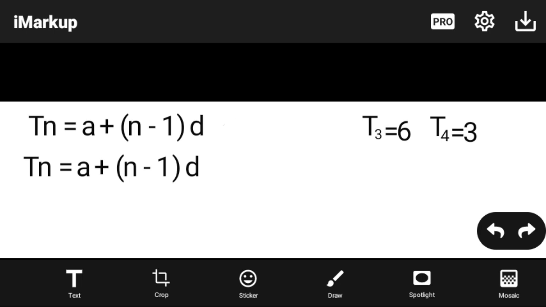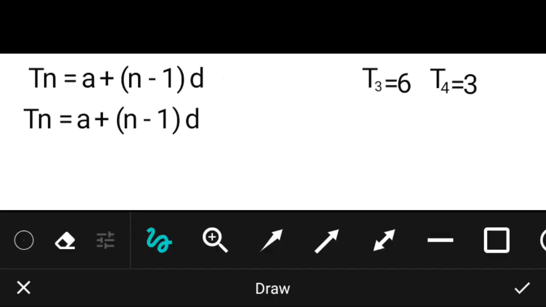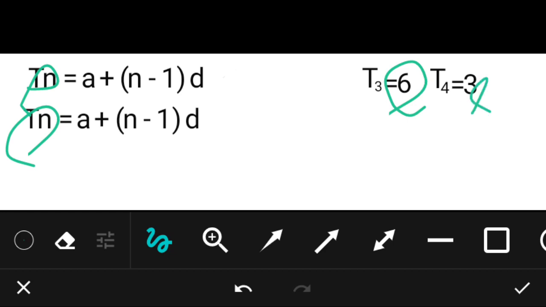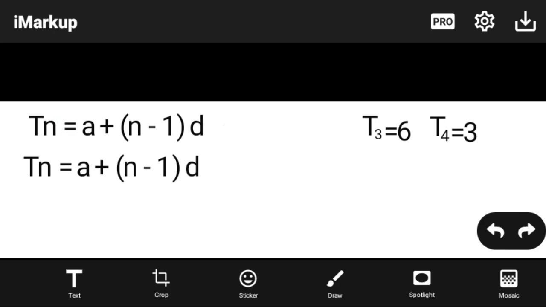So from there now, equally here, where you have Tn, you are supposed to put this number here, the 6. Equally in the second equation, where you have Tn there, you're supposed to put 3. Okay, so that is that. So we start now.